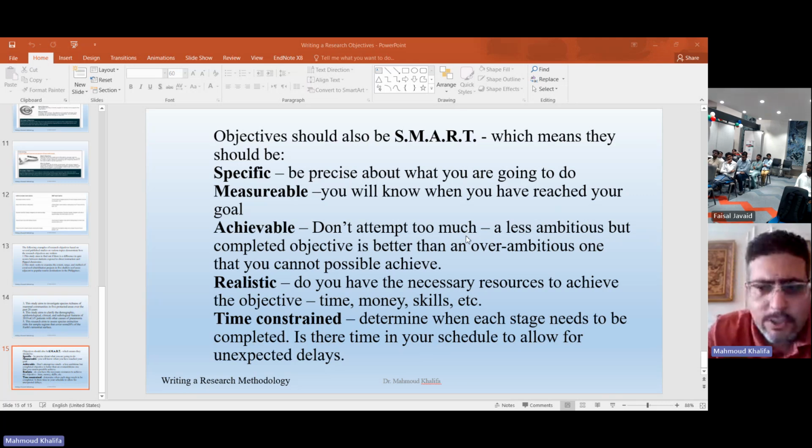Each research, each thesis or dissertation must have an objective. You need to achieve it. So there is no research or thesis without objective. If you wrote an article, one objective is fine.